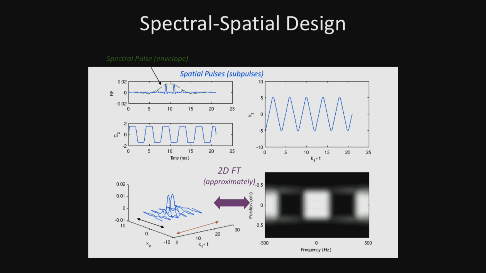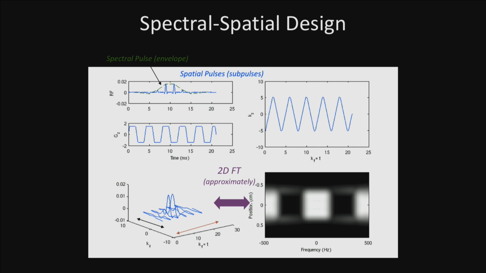But the way you want to look at this type of pulse is to say, with this pattern here, what is the shape that we're imparting in excitation k-space by our RF pulse? And so if we just converted this waveform here to be shown in this spectral-spatial excitation k-space, then again we just have a Fourier transform relationship, or approximately, between this pattern and what our spectral and spatial profile is.